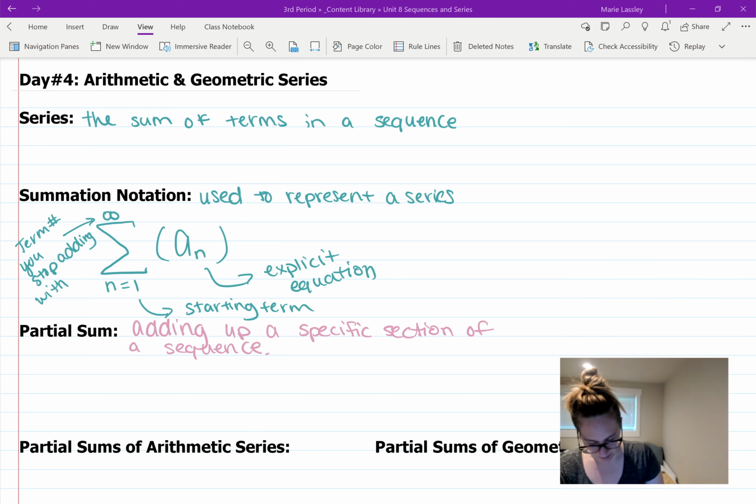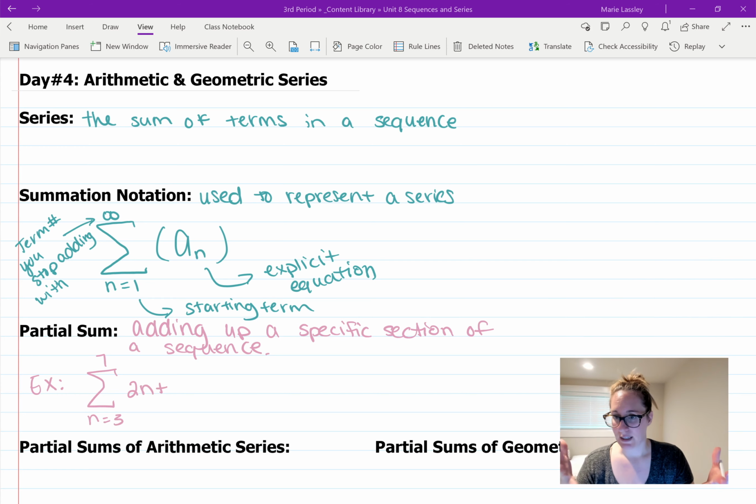For example, if we have n equals 3 and then 7 up at the top, and then we have some kind of explicit equation, we'll say 2n plus 1, this means that we want to start with the third term, end with the seventh term, and add those up.